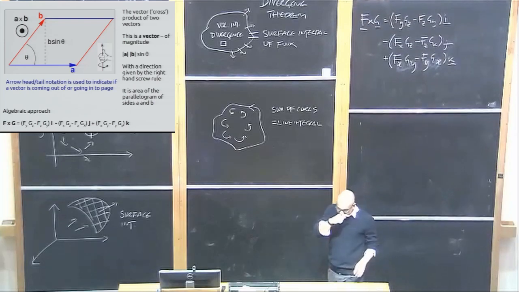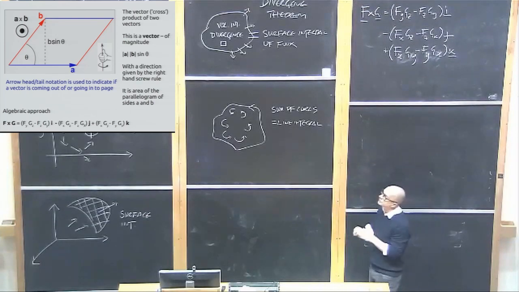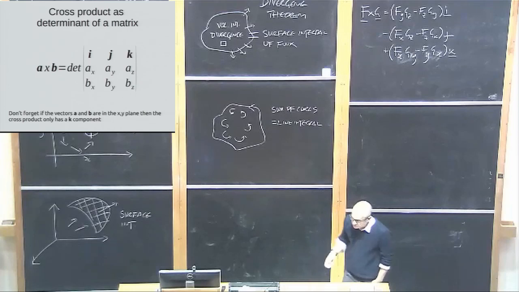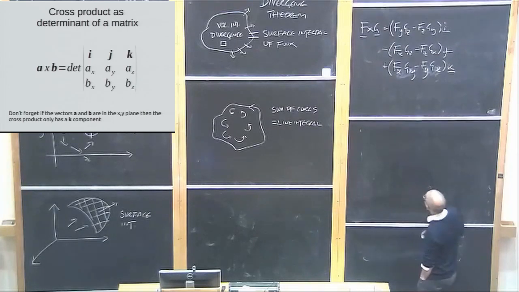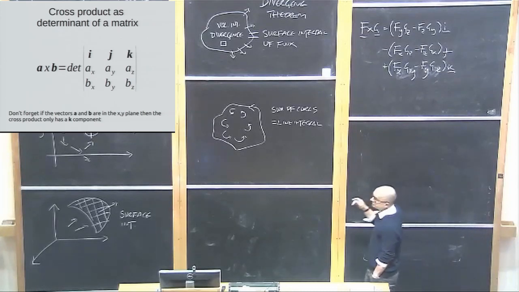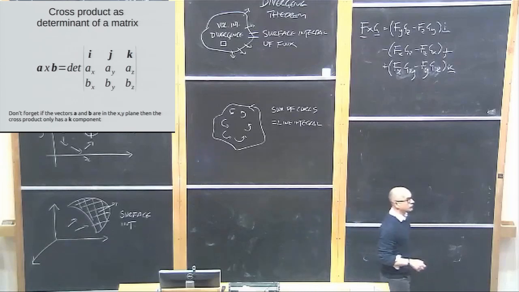Now, as you all know, this result can be expressed as the determinant of a matrix. So the cross product is the determinant of a matrix. I'm sure you all understand how to do the determinants of matrices, but this is something which comes up again and again in the course. You'll need to know how to do the cross product.